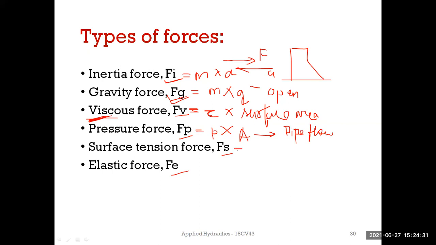Similarly, the next force is the surface tension force, which is equal to the product of surface tension, denoted with sigma, into the length of surface of the flowing fluid.